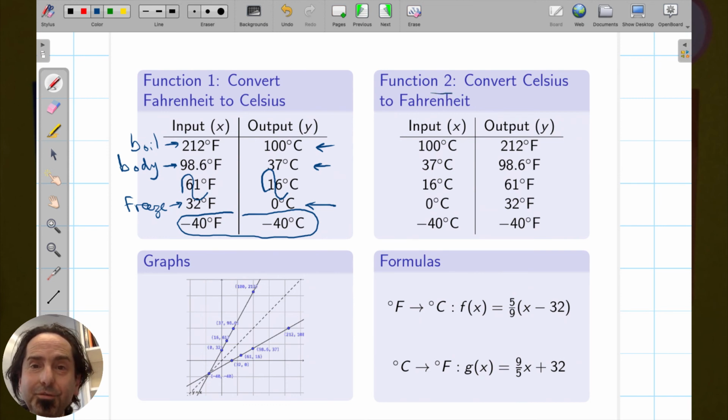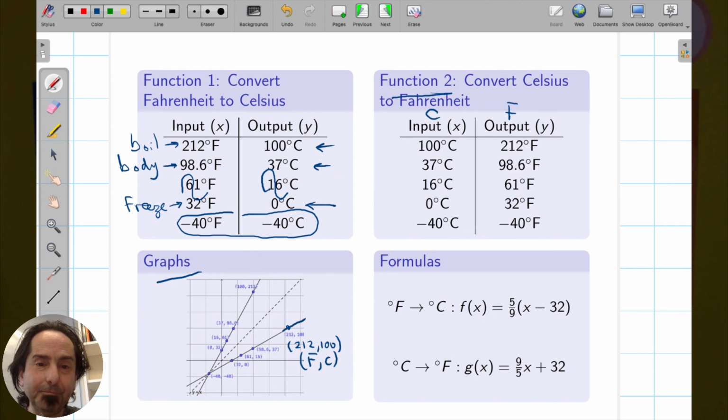And function 2 has them the other way. We'll input Celsius and we'll output Fahrenheit. So it's the same numbers but with the columns reversed. And as a graph, here's something interesting. If you plot it, this plot here, 212, 100, that's Fahrenheit to Celsius.